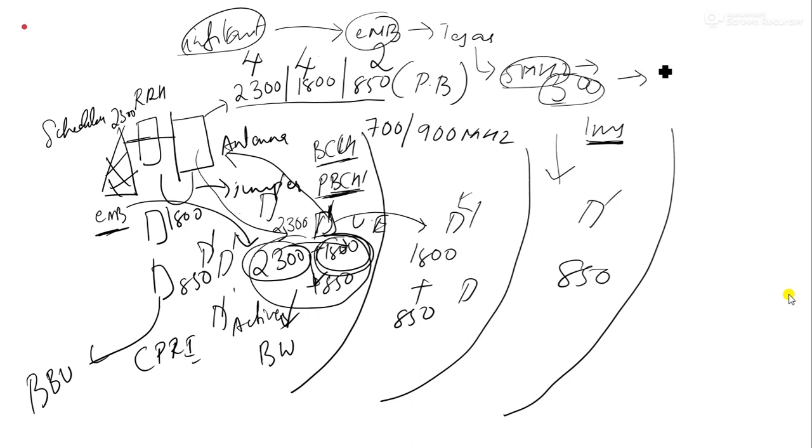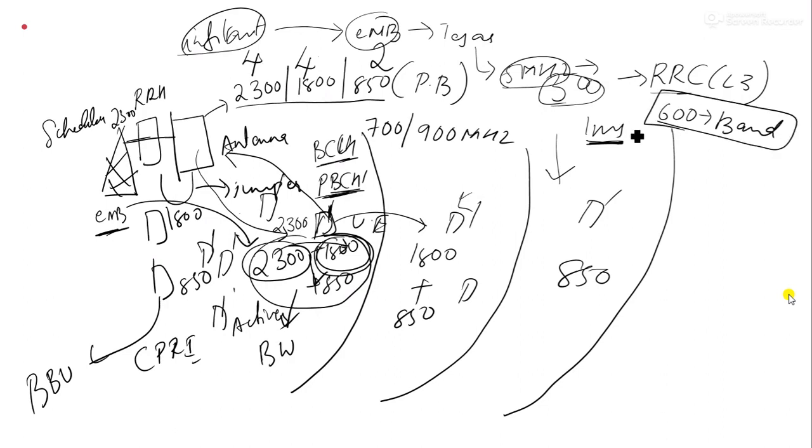Usually they say it with respect to the RRC connection. I'm just jumping into this because RRC is the L3 protocol stack that we have in the radio. Based on this, they say that typically we can have 600 RRC connections for one particular band. Now, to what extent this is possible, we are not sure, because the vendor can claim any number they want.